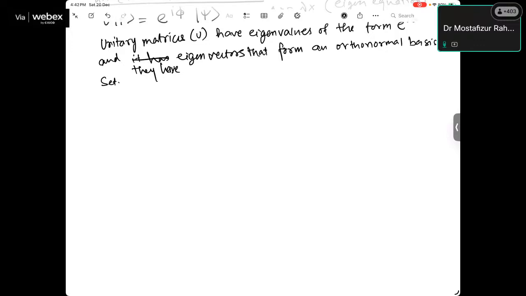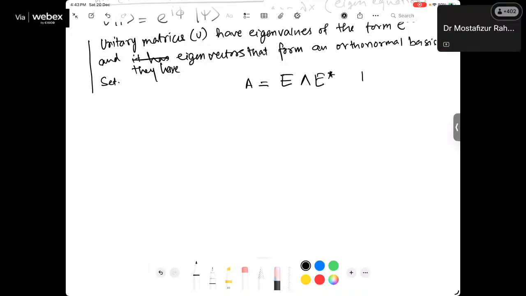So the question is, what did I say in this sentence? Because we normally break a matrix, or basically decompose a matrix, into, say, U lambda U star, right? Similarly, this U is some unitary matrix. Suppose, for clarity, A equals E lambda E star, where E is some unitary.